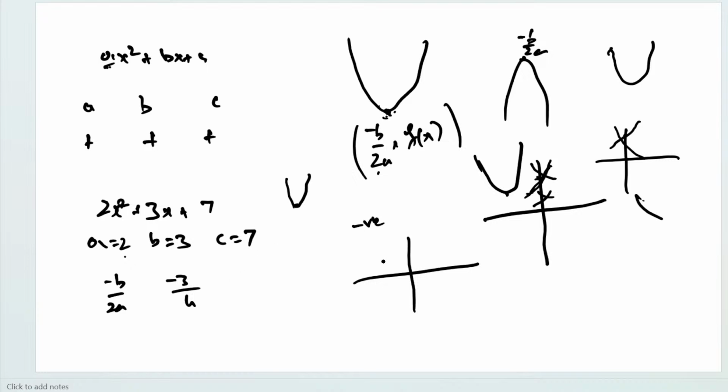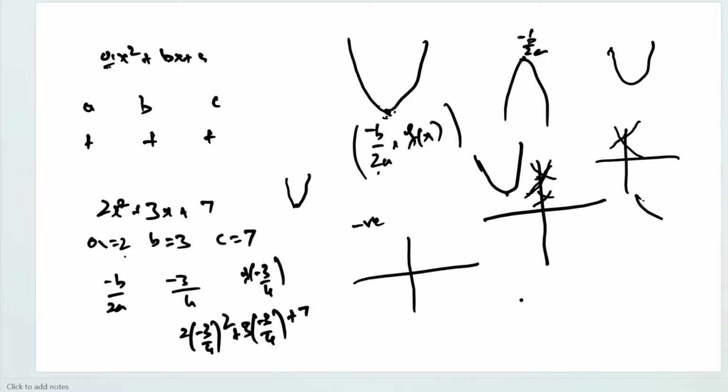Now, minus 3 by 4 means somewhere on the left side of the y-axis. Now, what is f of minus 3 by 4? That is 2 into minus 3 by 4 whole square plus 3 into minus 3 by 4 plus 7.